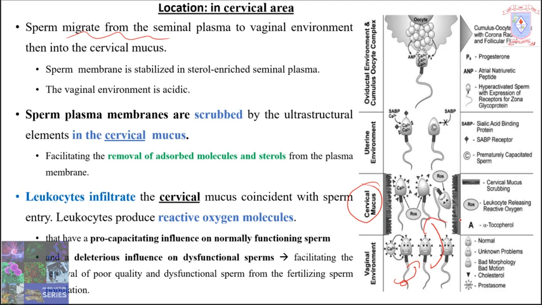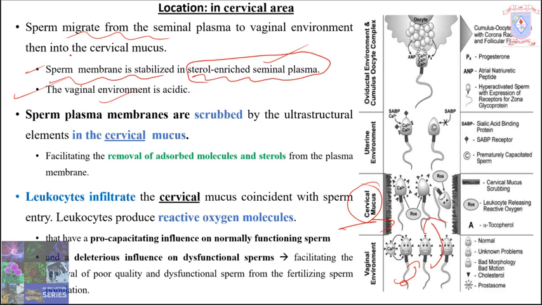At this point, the sperm membrane is stabilized by sterol-enriched seminal plasma, and the vaginal environment is still acidic. Both these factors give extra stability to the sperm.